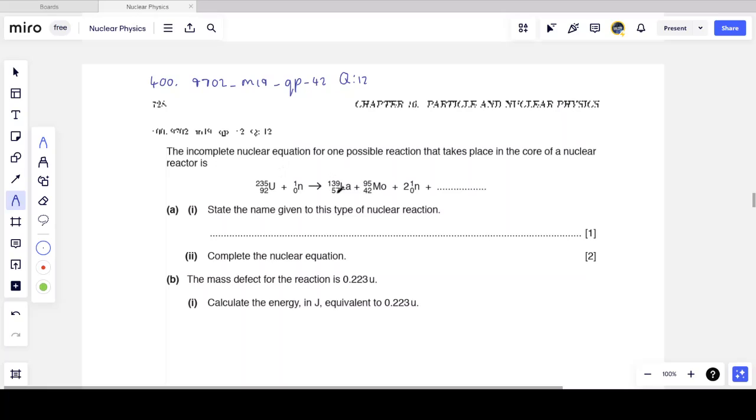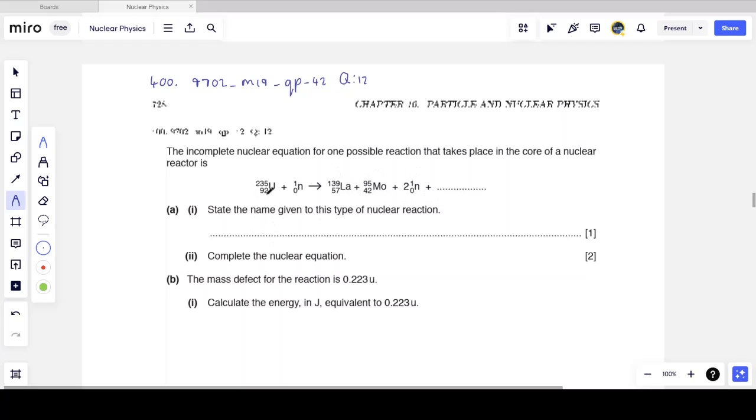The uranium-235, as we know, then becomes uranium-236, which is unstable, and the uranium-236 undergoes nuclear fission. In the process, we have daughter nuclei that are formed and some neutrons. In this case, the daughter nuclei are lanthanum-139 and molybdenum-95, and 2 neutrons.